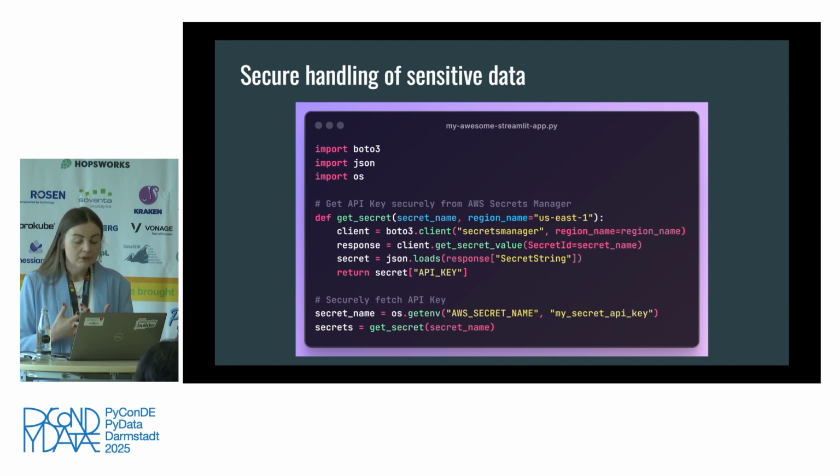Happily, we have AWS Secrets Manager, and we have just 5 lines of code to set up to be able to use this as a reliable and secure storage for your tokens, for your credentials, for your API keys.